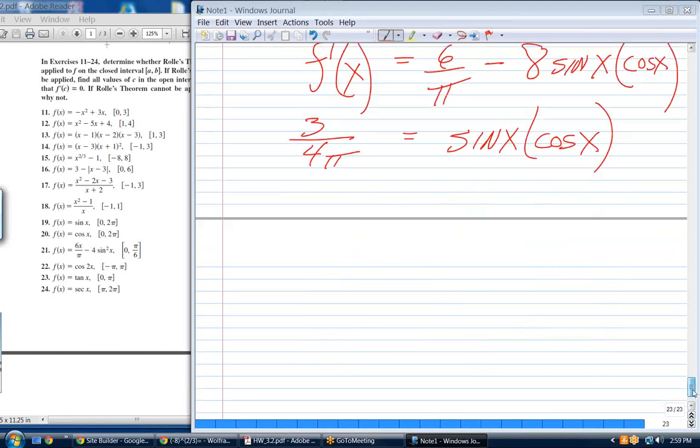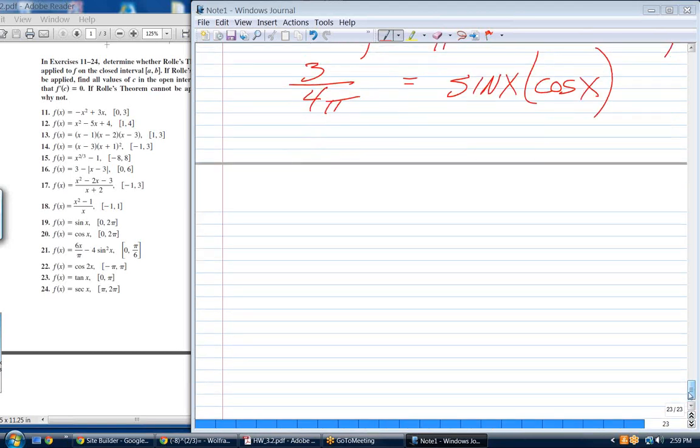And solving these trig functions can be quite challenging. There is a very nice way to solve this on your calculator. Do you know how to do it? No, I do not. Make y sub 1 equal sine x times cosine x. Make y sub 2 equal 3 over 4 pi. And wherever they intersect is the solution.